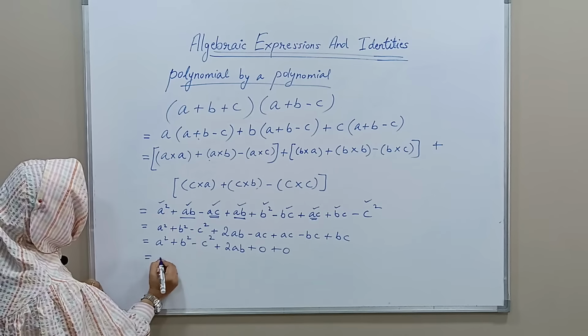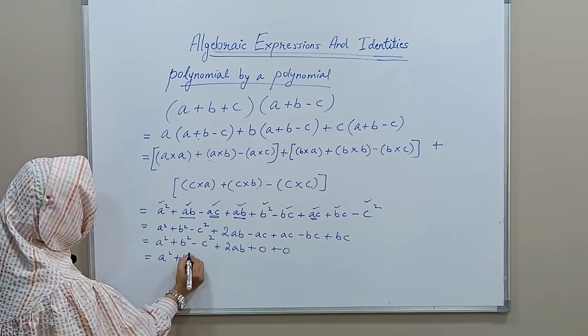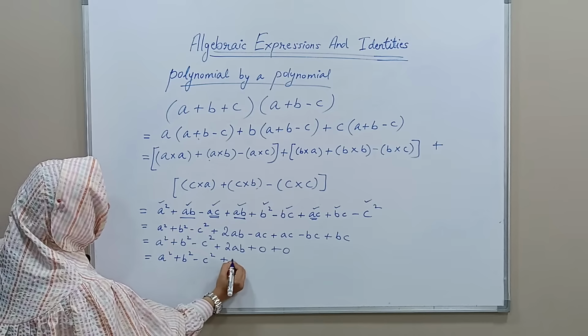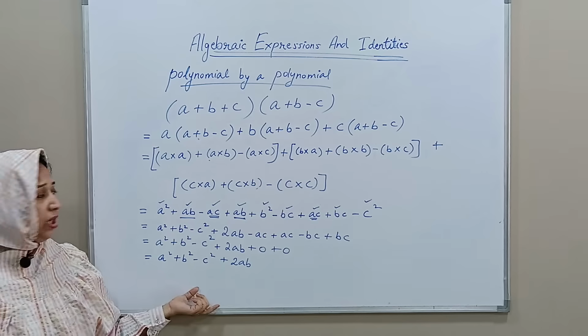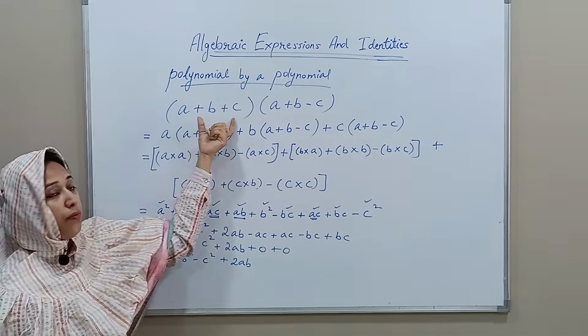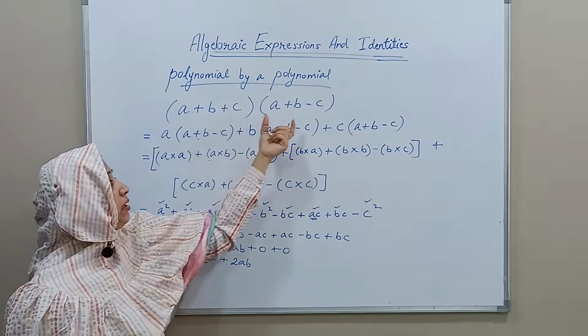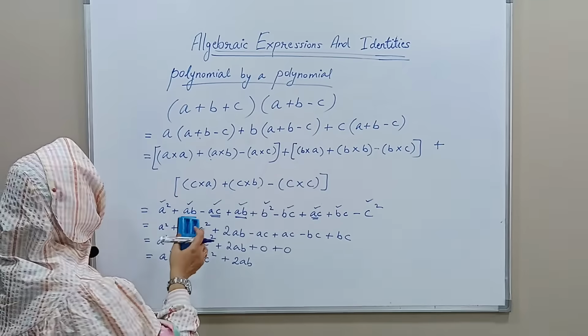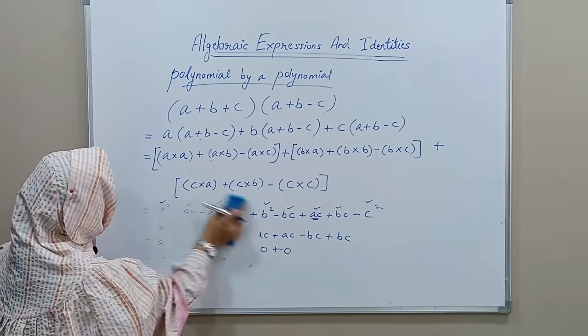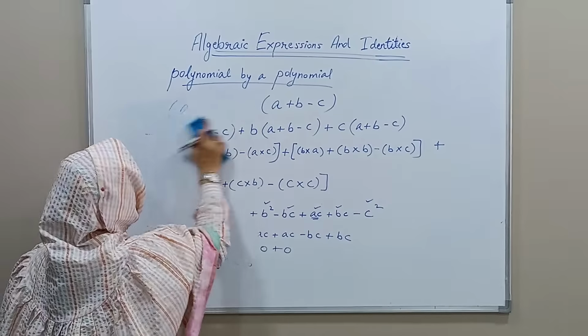So the final answer becomes a square plus b square minus c square plus 2ab. This is the final answer when we multiplied a trinomial a plus b plus c with another trinomial a plus b minus c.